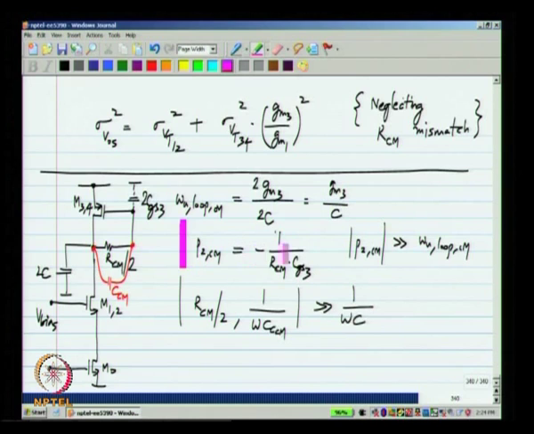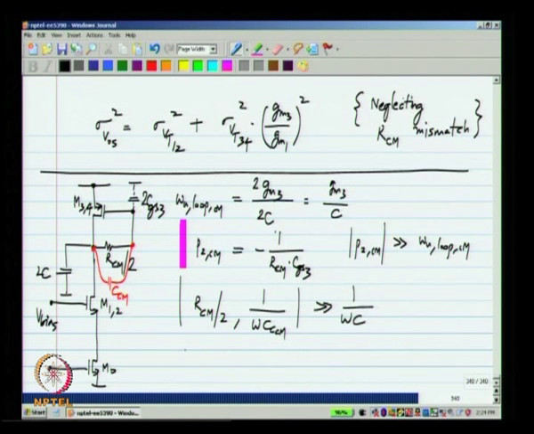Okay. Even this is an approximation. When this part of the circuit has a very high impedance, insignificant current is drawn from this, and we can act as though this circuit is isolated from that part. Okay. Now, if this is not the case, then you have to go and calculate it exactly. Okay.